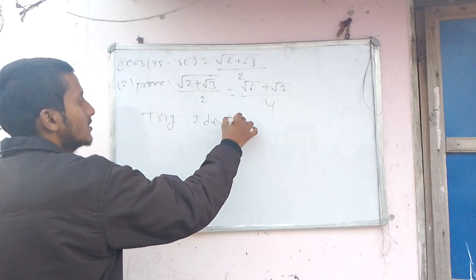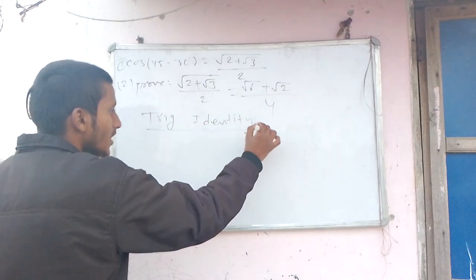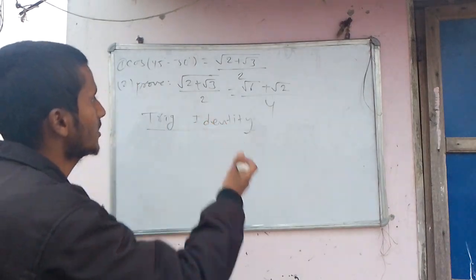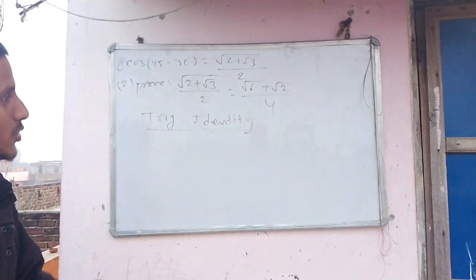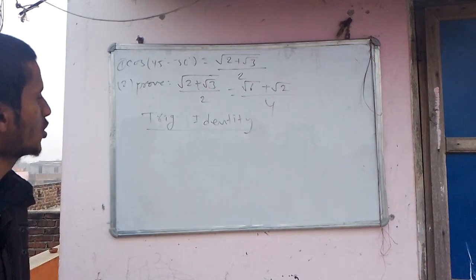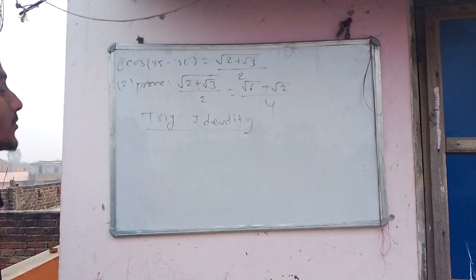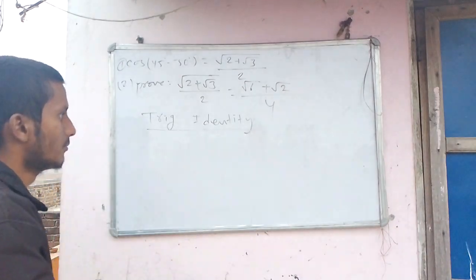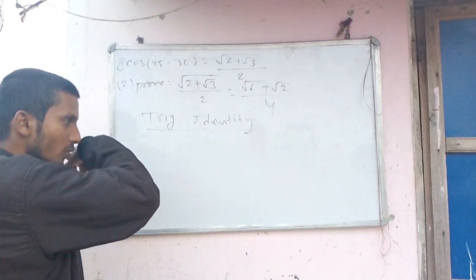If you use the same trig identity which I used right now, you will be able to prove the equality. There's another method, algebraically. We're going to do it algebraically as well, but later. For now, let's do it with trig identity.